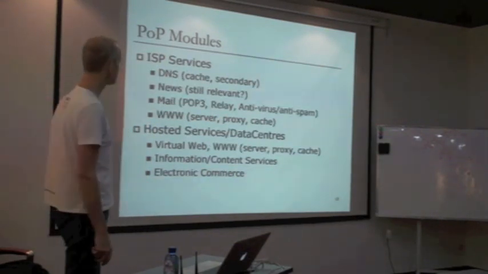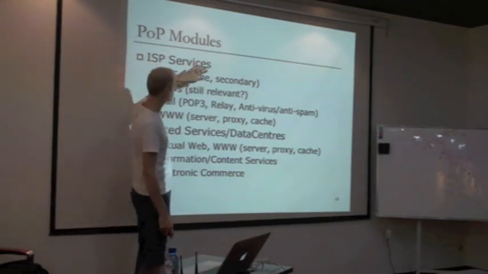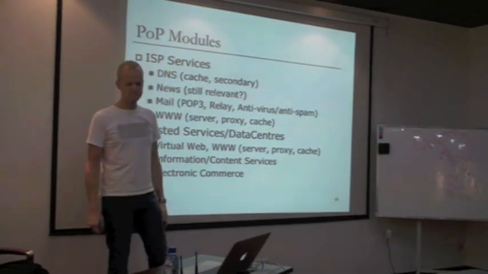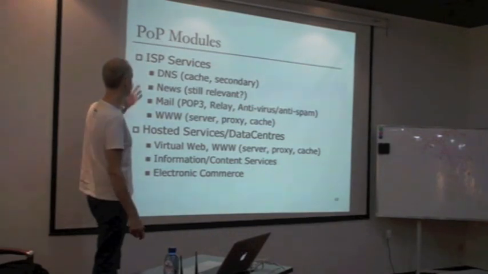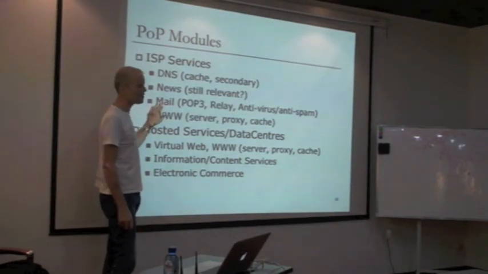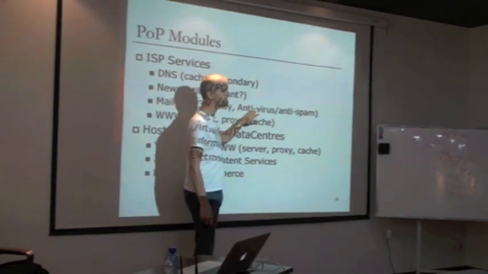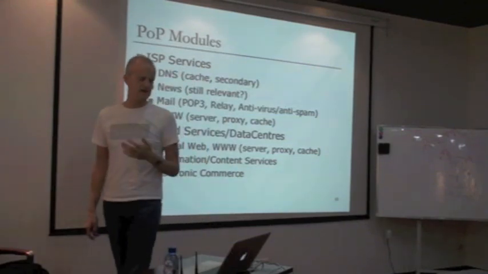For the ISP services, things like DNS, so your DNS cache for your consumers to use, DNS secondary for any domain names you're hosting. News is probably not relevant anymore, but mail, you want POP3, IMAP, mail relay, doing all your antivirus, anti-spam scanning of customer mail, that type of thing.